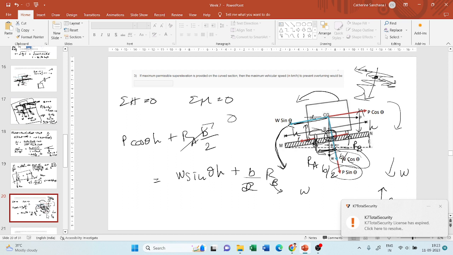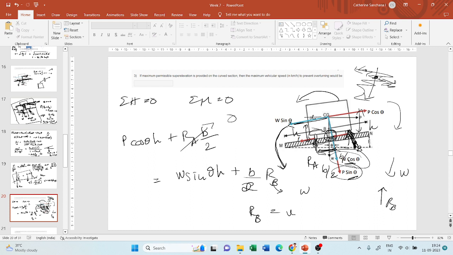But in this case, RB is acting in which direction? It is acting in this direction. And what are the forces exactly opposite to it? It is W cos theta and P sin theta. So RB is equal to W cos theta plus P sin theta.